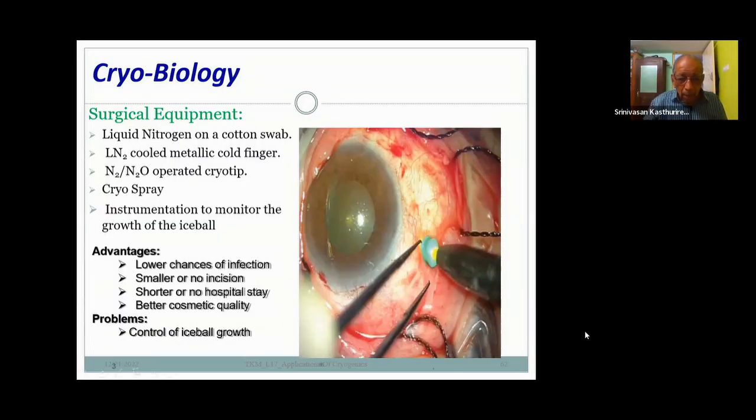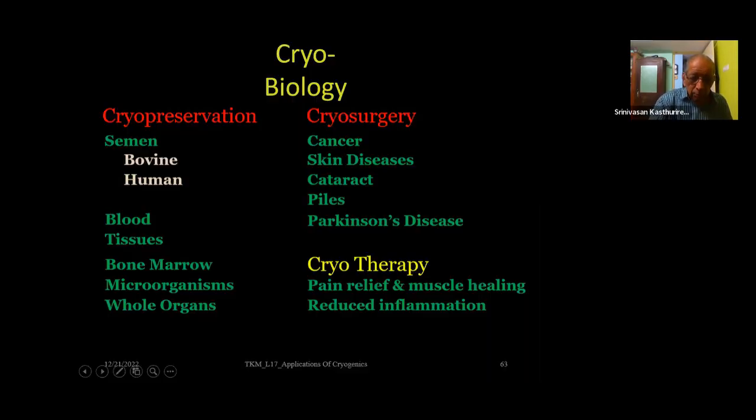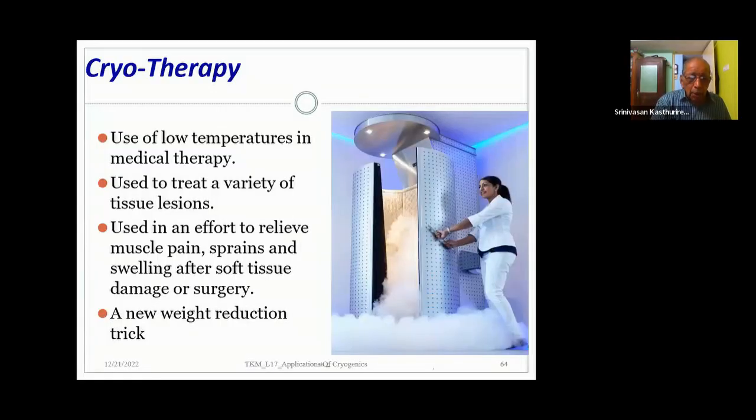What about the problems? The problem involved is how do you control the ice formation? That is something which really needs to be controllable. These are the important things to be taken care of. So let us talk about cryotherapy. Cryotherapy means you are using cryogenics as a sort of treatment for a disease.